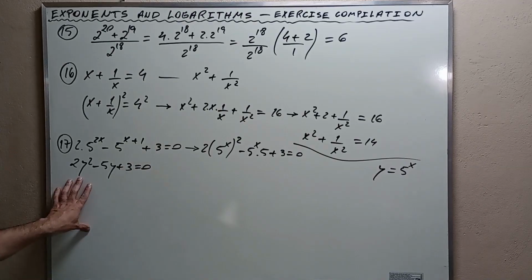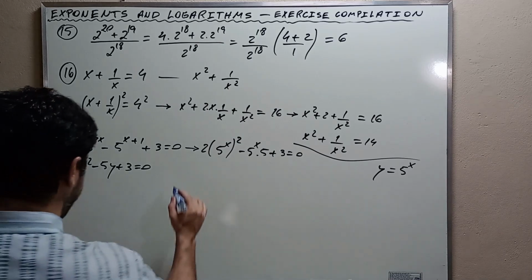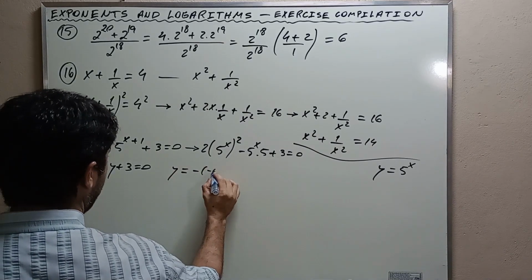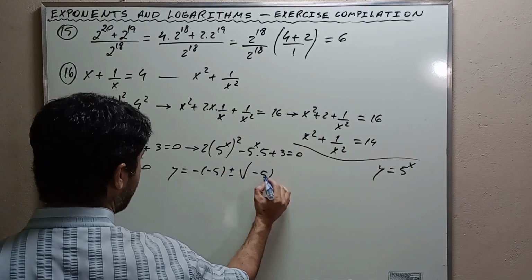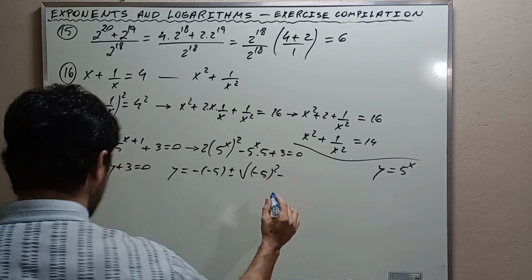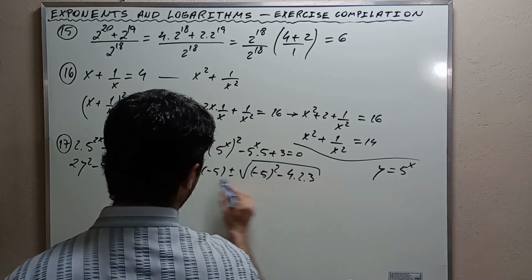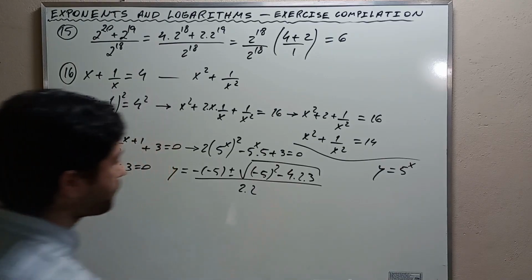It becomes a quadratic equation, and the solution of the quadratic equation is very well known. Using Bhaskara, we find that y is equal to negative 5 plus or minus the square root of negative 5 squared minus 4 times 2 times 3, all divided by 2 times 2.